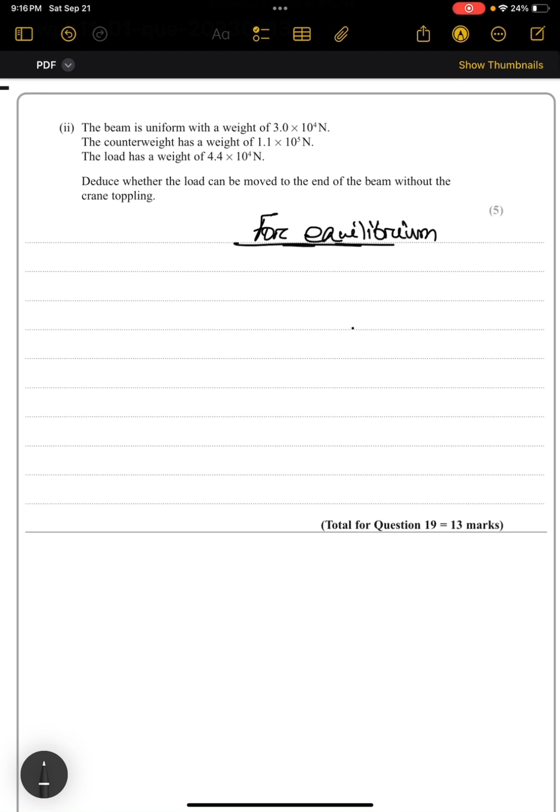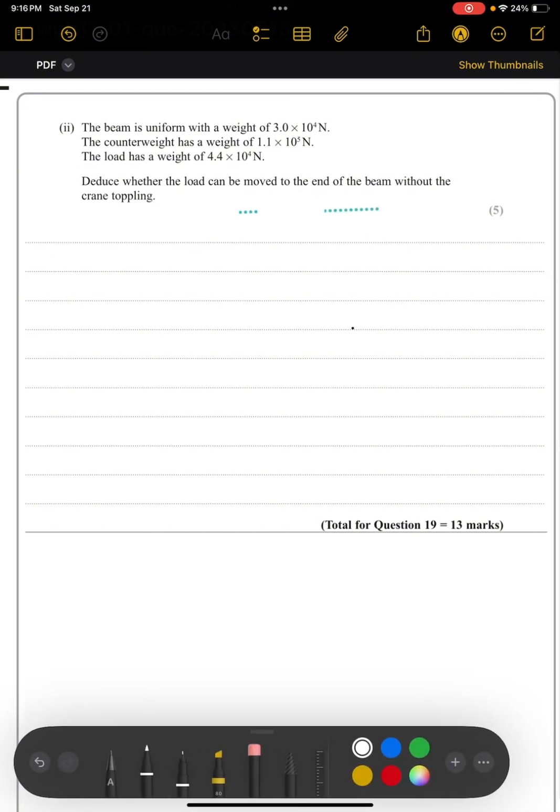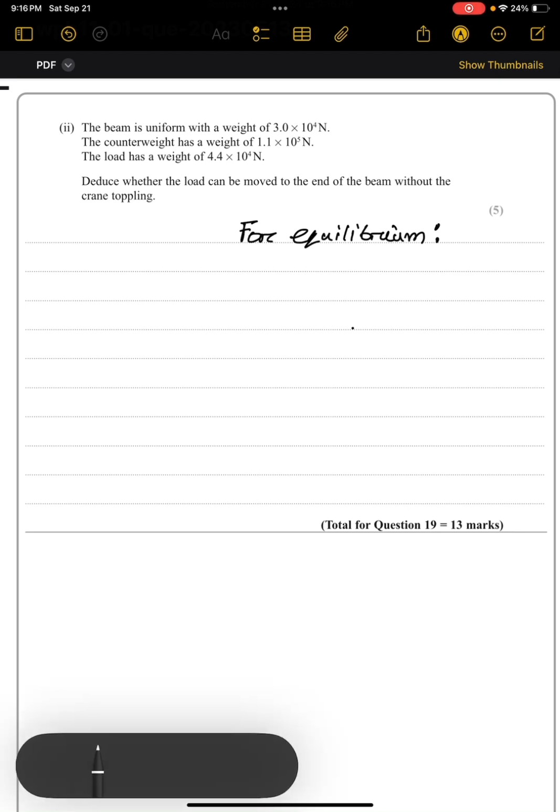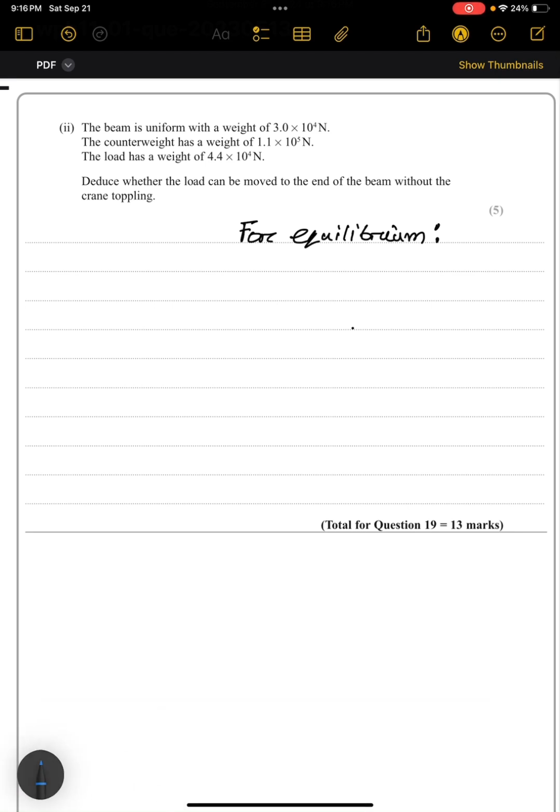For equilibrium, this is the weight of the beam and this is the weight of the load, which are clockwise moments. Clockwise moment is equal to anti-clockwise moment.